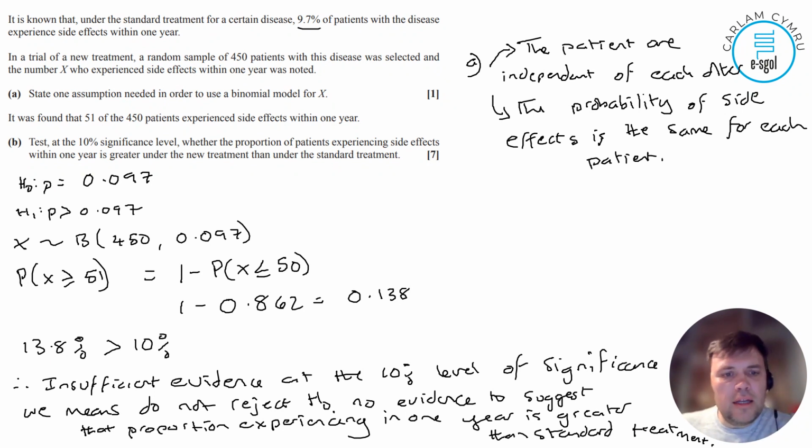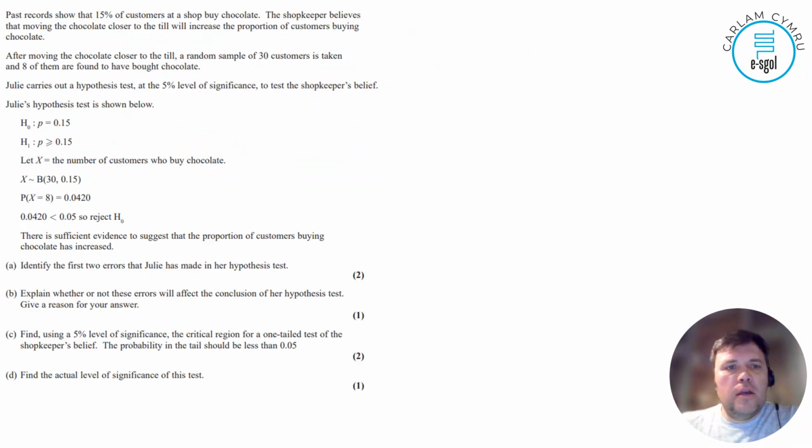Okay, and now I like this question because it was almost like spot the mistake. They've already stated out what is exactly required. They've done the hypothesis, and then you've got to come along and see, so sort of test your knowledge that little bit more. Okay, so past records show that 15% of customers are shopped by chocolate.